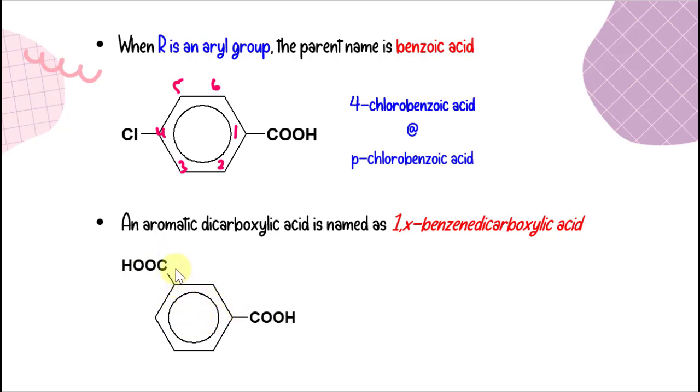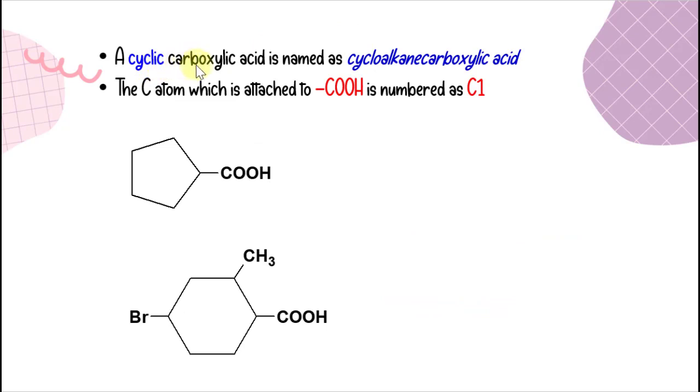So 1, 2, 3, give the second carboxy group the lowest number, 4, 5, 6. So the IUPAC name for this compound is 1,3-benzene dicarboxylic acid.